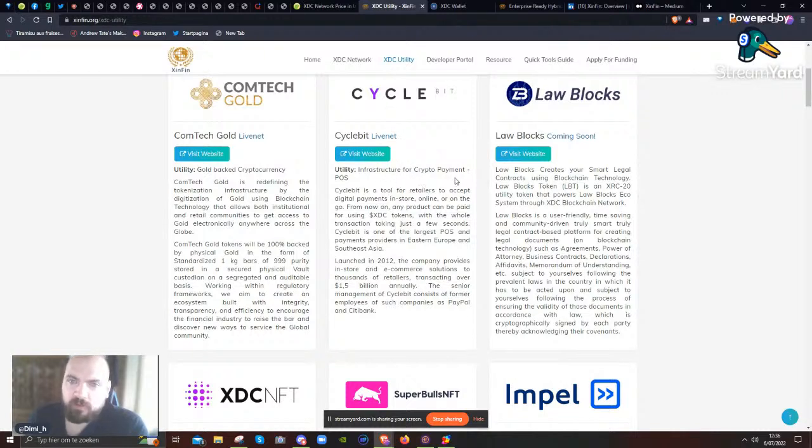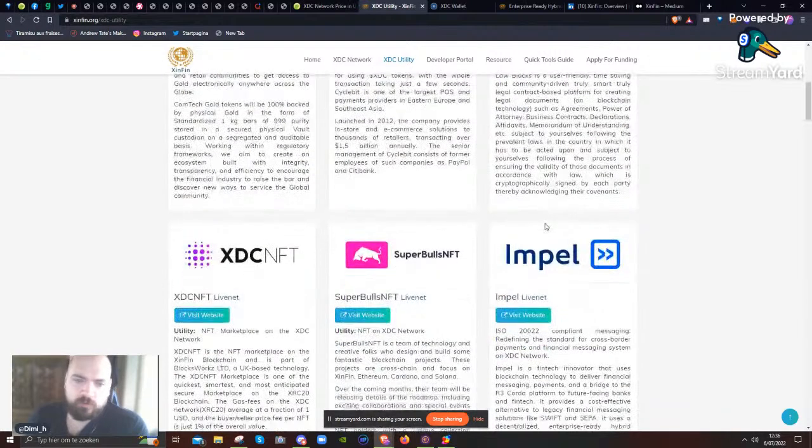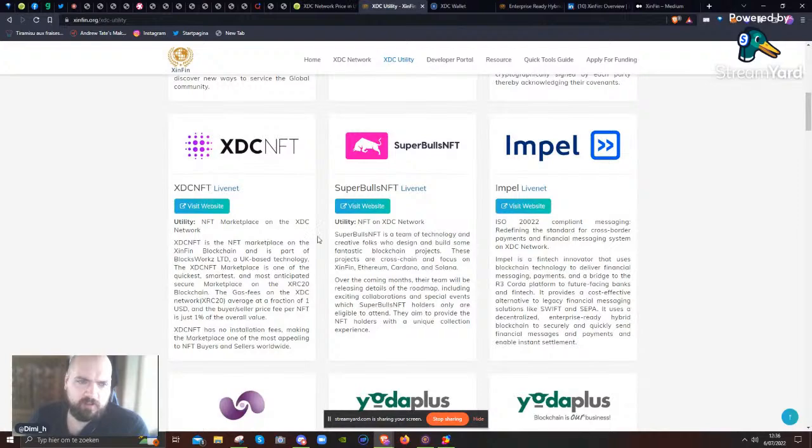Infrastructure for crypto payment. Okay. Crypto can be done peer-to-peer. So I'm always wondering what they mean with infrastructure for crypto payments, like what ATMs or special QR codes you can use to exchange, law blocks or smart contracts, stablecoins, NFTs.